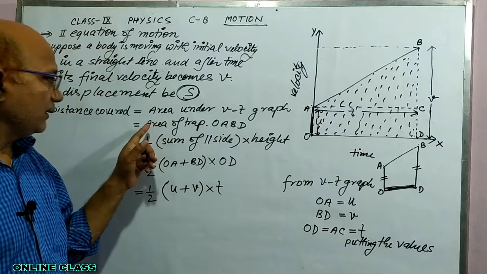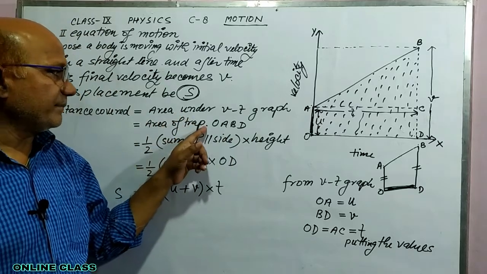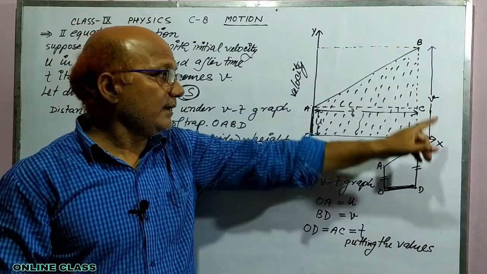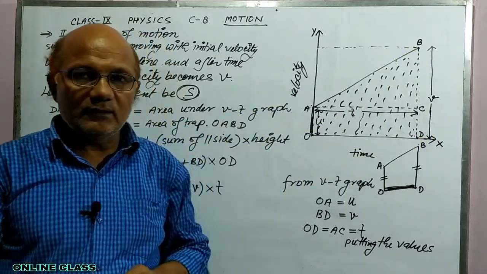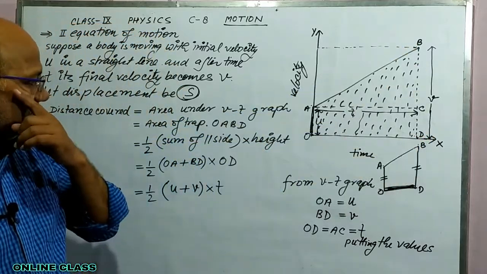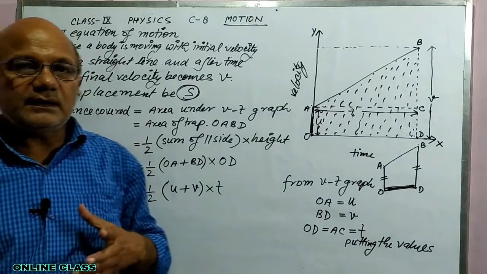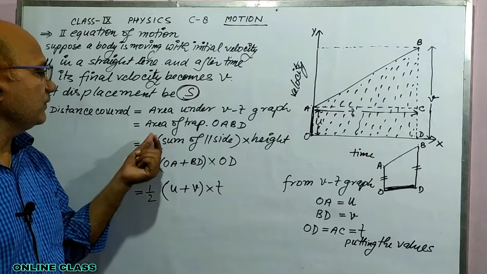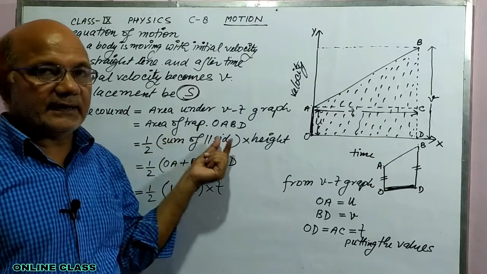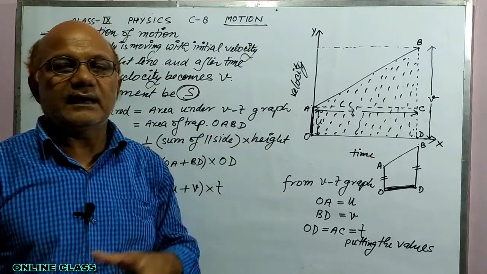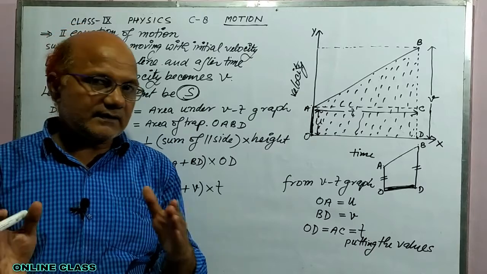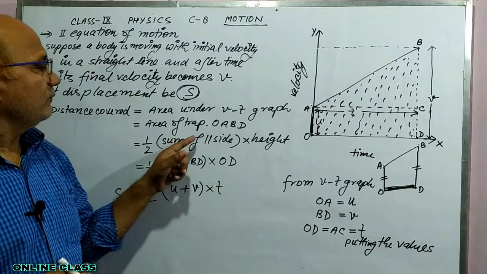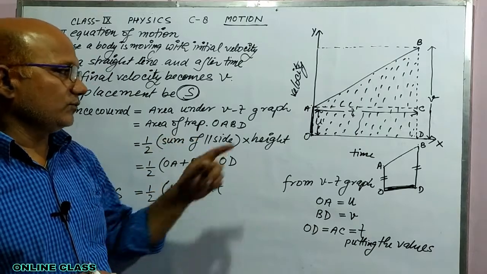So area of trapezium OABD. As you know, area of trapezium is equal to half into sum of parallel sides into height, means distance between parallel sides.